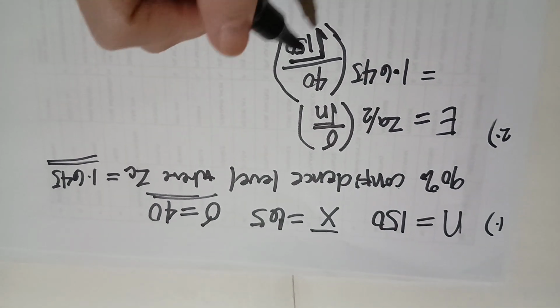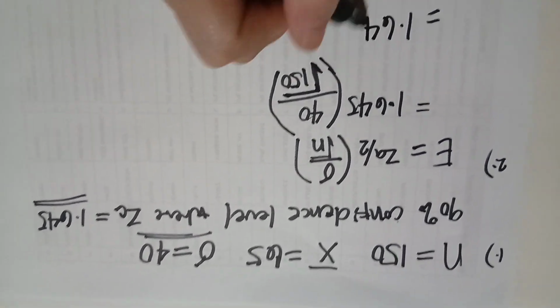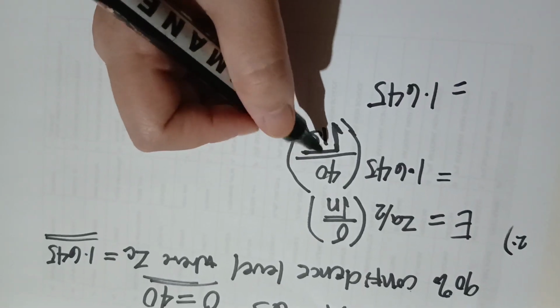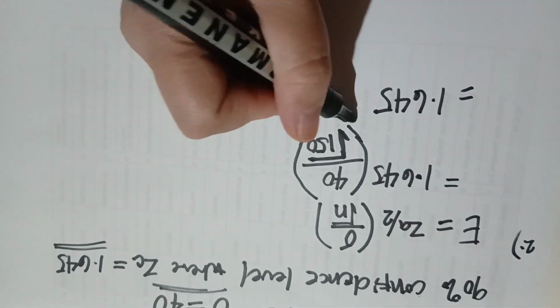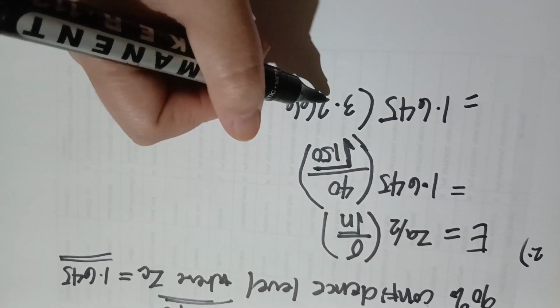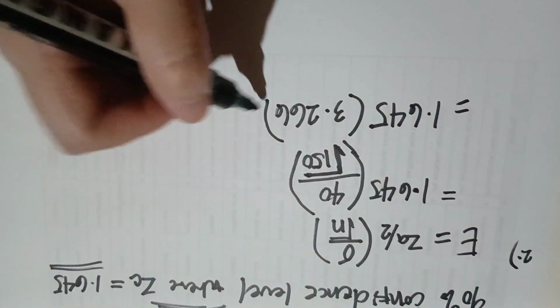So we have 1.645, then 40 divided by the square root of 150 gives 3.266, to 3 decimal digits, as a partial answer.